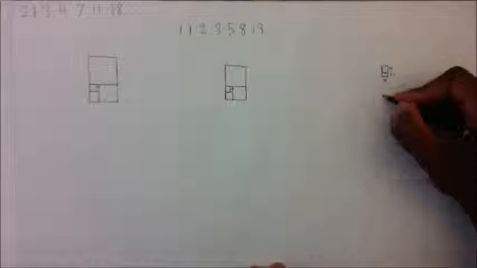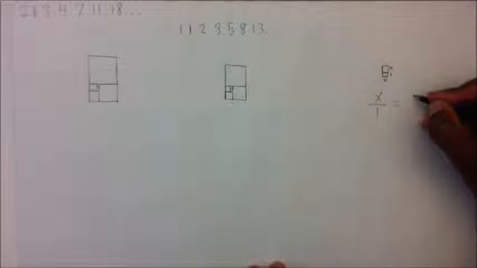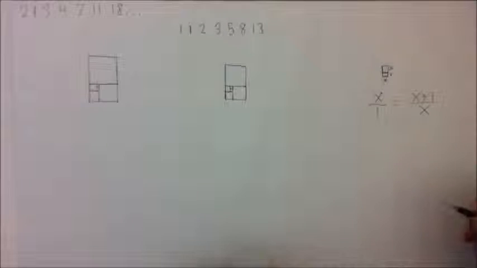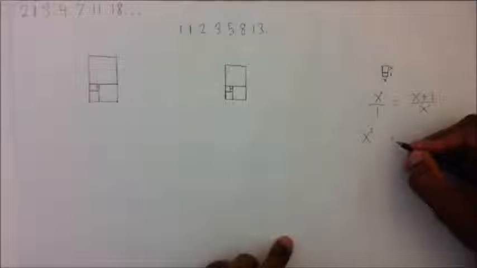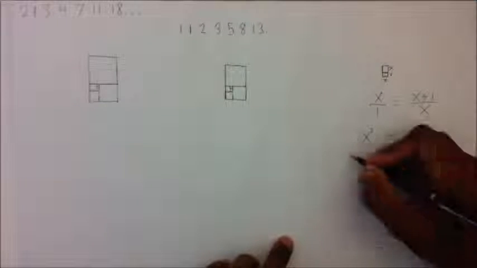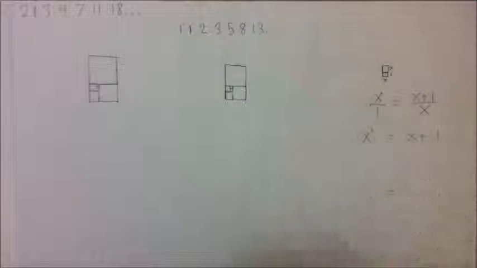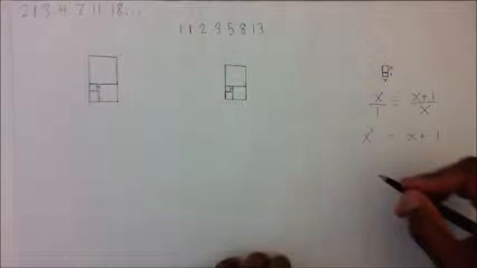So we can say x over 1 is equal to x plus 1 over x. So now we can say by cross multiplying that x squared is equal to x plus 1. Now I can solve for x using either the quadratic formula or completing the square. I'll complete the square today.